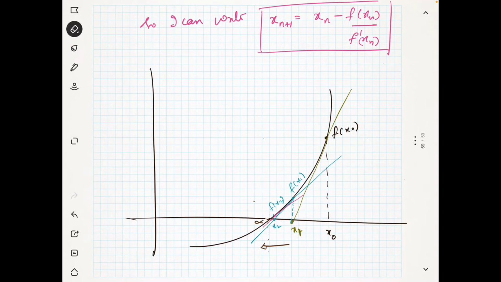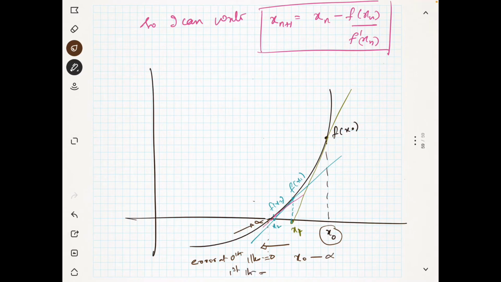So at the 0th iteration, at the initial point, what is the error actually? How much was the error? The point is x0, and the actual point is alpha. That is the error. In the first iteration, you have x1, and x1 minus alpha was the error.